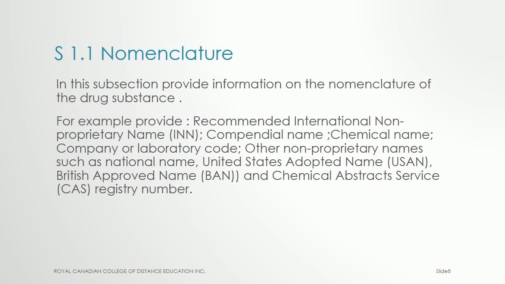In this subsection, provide information on the nomenclature of the drug substance. For example, provide recommended international non-proprietary name (INN), compendial name, chemical name, company or laboratory code, other non-proprietary names such as national name, United States Adopted Name (USAN), British Approved Name (BAN), and Chemical Abstracts Service (CAS) registry number.